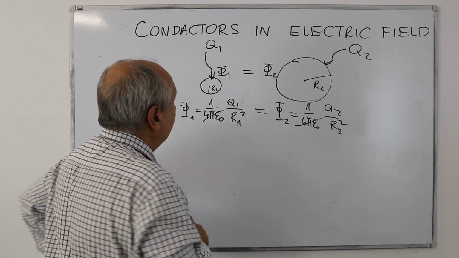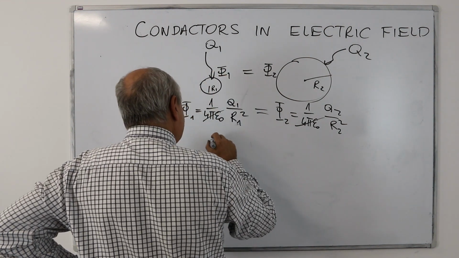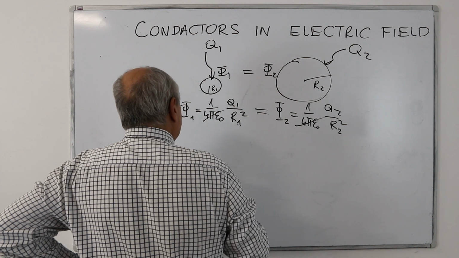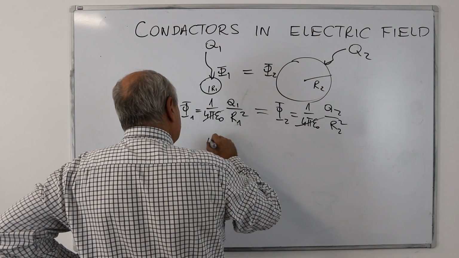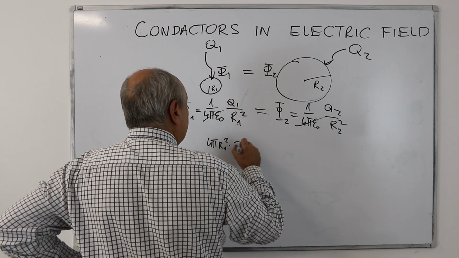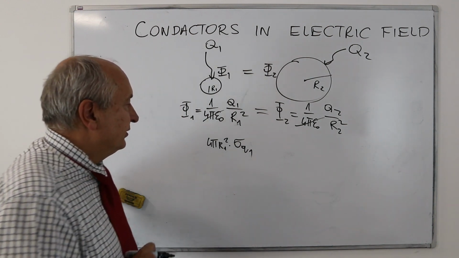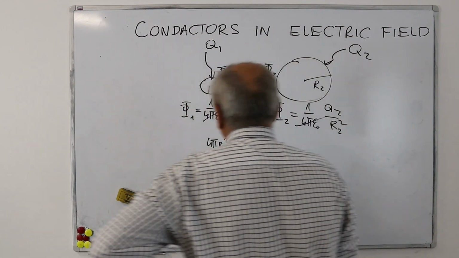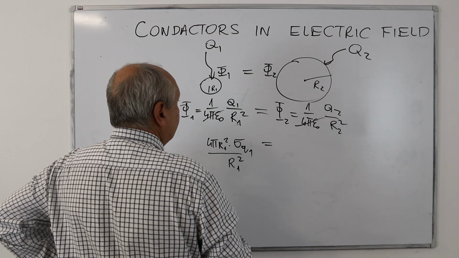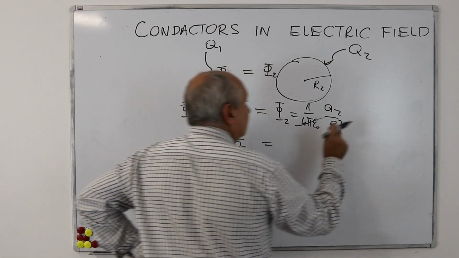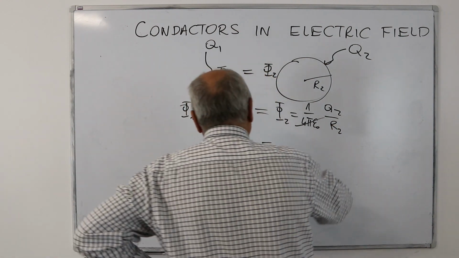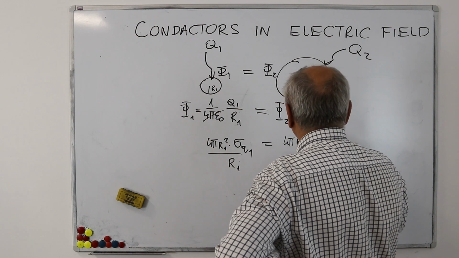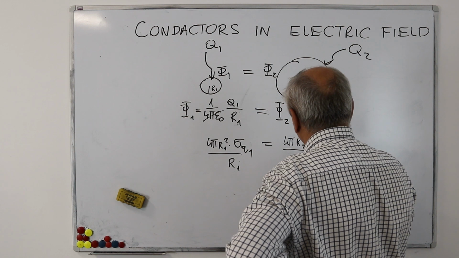Because all charges go to the surface, I write Q1 with surface charge density: the surface is 4 pi R1 squared, so Q1 is 4 pi R1 squared sigma1. And the second one is Q2 equal to 4 pi R2 squared sigma2.